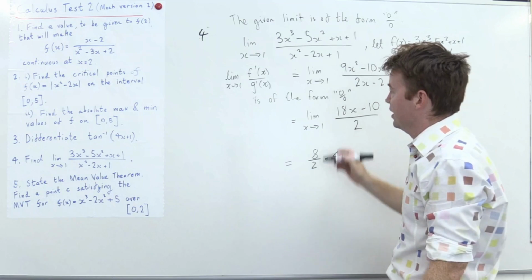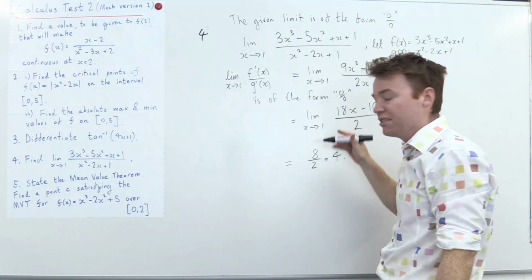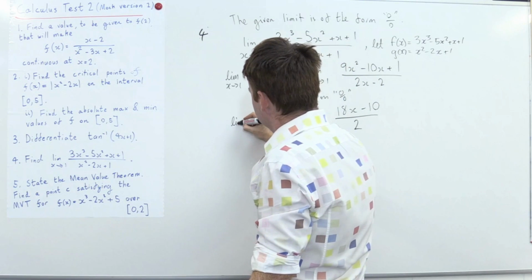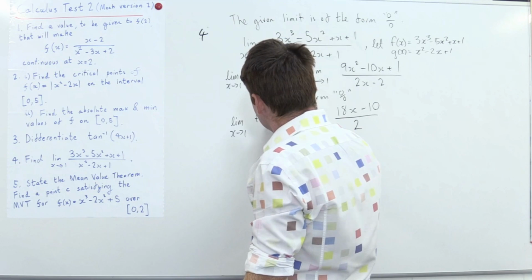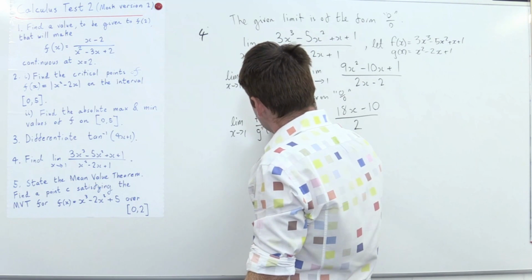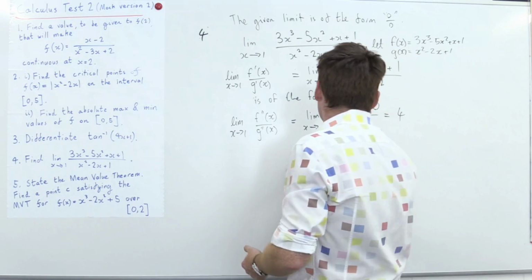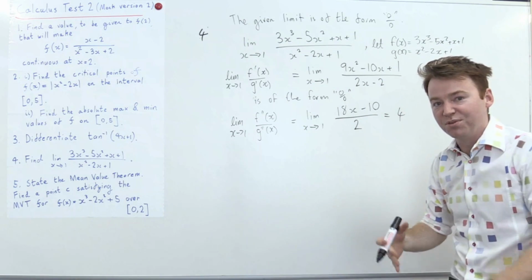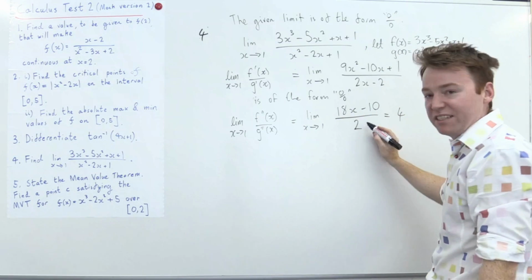Okay, good. Now you don't know this is equal to this, you don't know that yet. That only happens when you know this exists. This is equal to that, which is equal to, as Josh says, 4. Right. Now you're in a position to invoke the fruits of L'Hopital's rule. You know this limit exists.